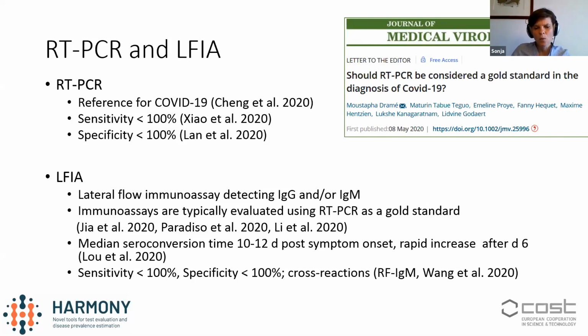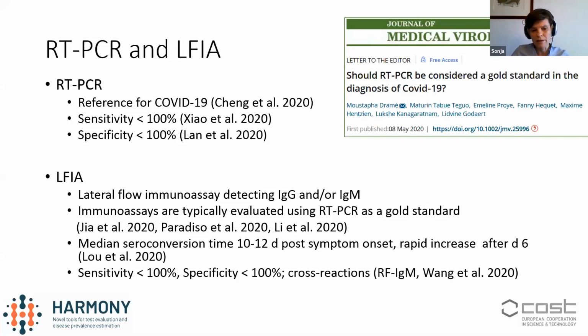What is known is that the median seroconversion for COVID-19 is about 10 to 12 days post-symptom onset, and there is a rapid increase in the antibodies after day 6. And this also was one of the reasons why we decided to stratify our analysis for the different weeks.